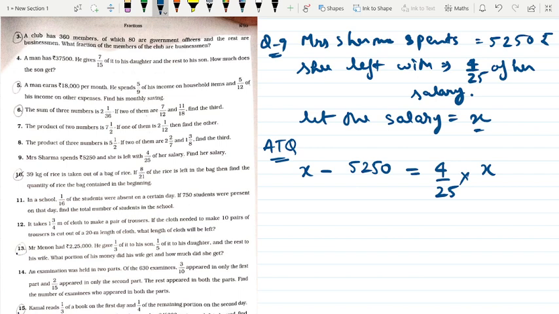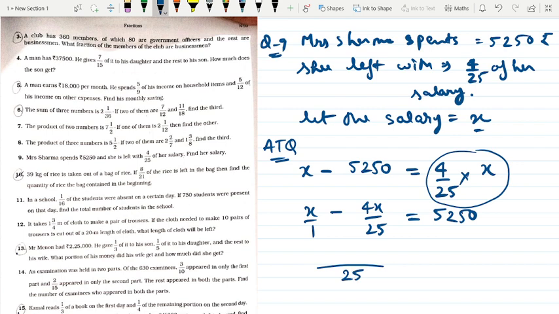So we will solve this. Okay, just write down x. This fraction will come to the left hand side. x minus 4x upon 25 is equal to 5250, and the denominator of x is 1.